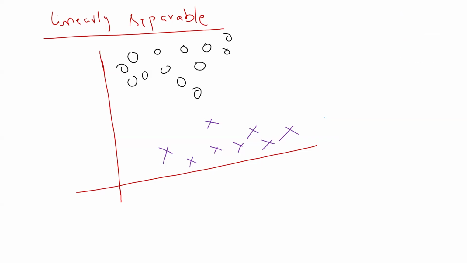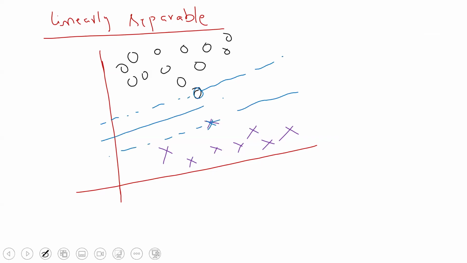What the support vector machines are trying to do is find the support vectors, and find a hyperplane which is in the middle of both of them. It is trying to increase this margin, right?